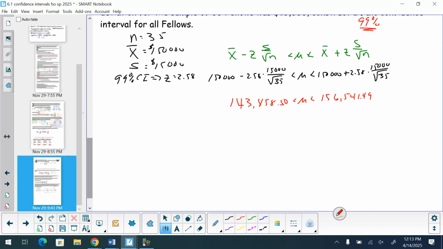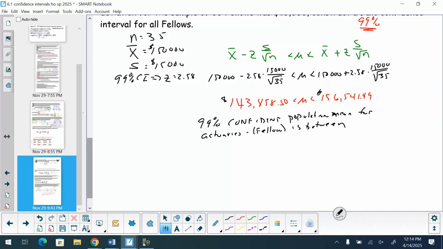So we can finish out our statement. Once again, we finish with the statement: 99% confident the population mean for actuaries that are fellows is between 143,458.50 and 156,541.49.